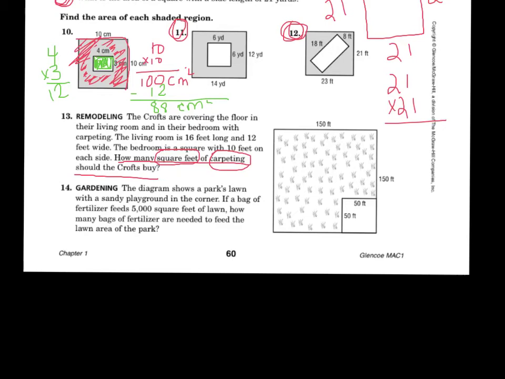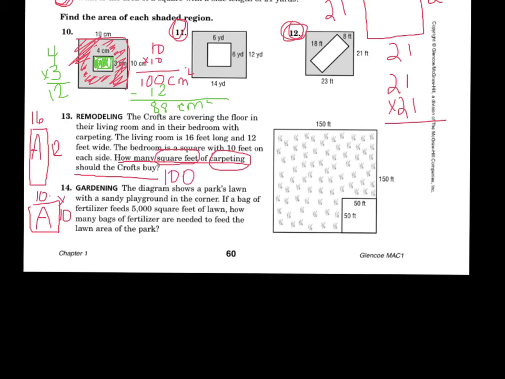So here's the living room, 16 by 12. And then the bedroom is a square. So it's 10 by 10. Okay, so you're going to find the area of the living room and the area of the bedroom, and you're going to add those together. Okay, the bedroom is 10 times 10.